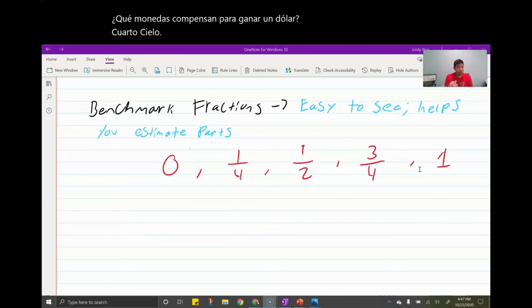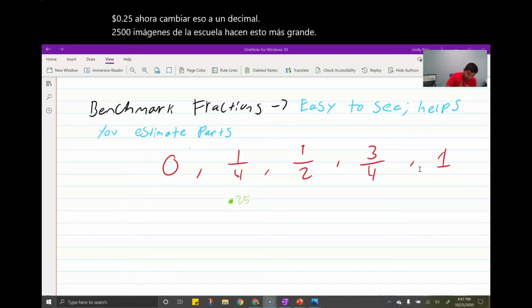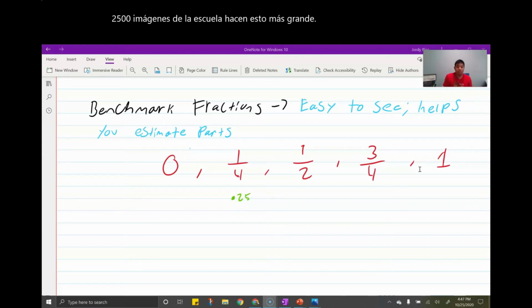So then if I have 1/4, how much is that? 25 cents. Now change that to a decimal. 25 hundredths, good. Let me just make this bigger. And 25 hundredths, good.